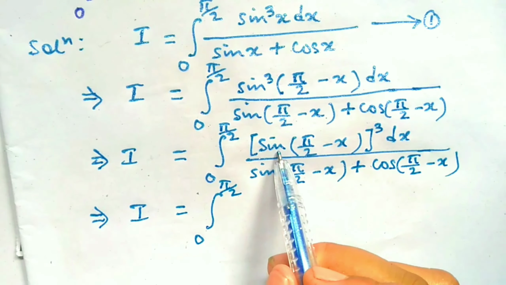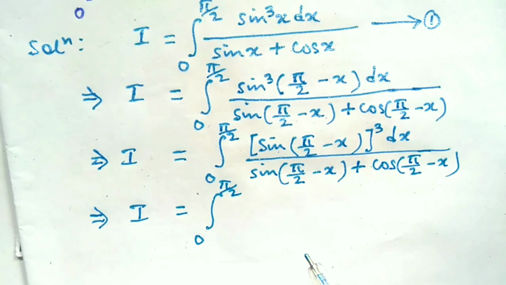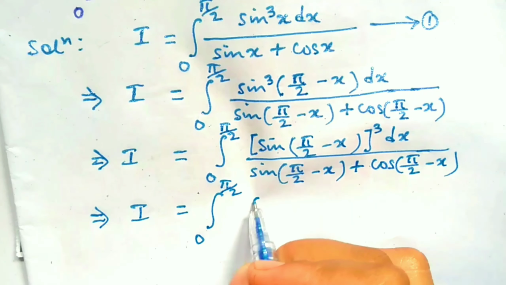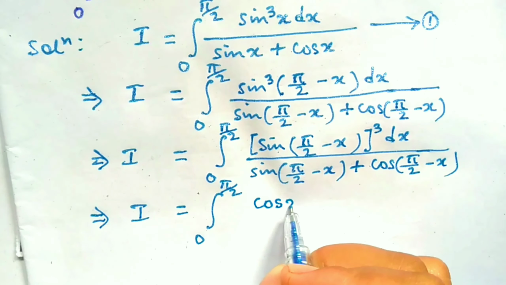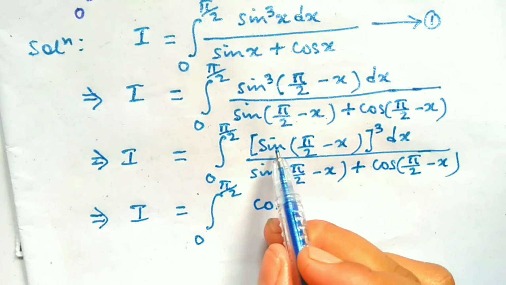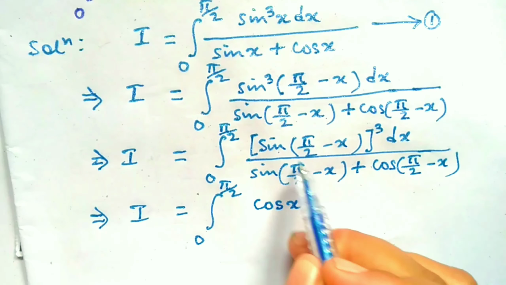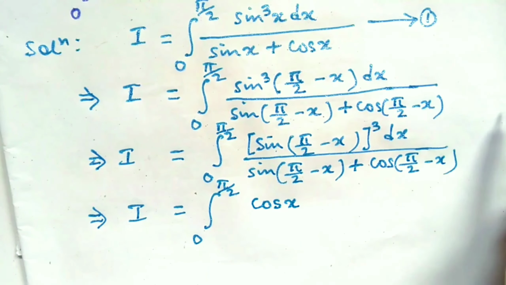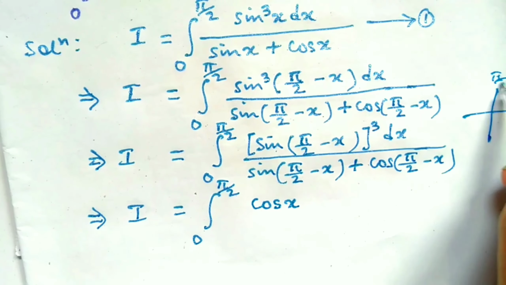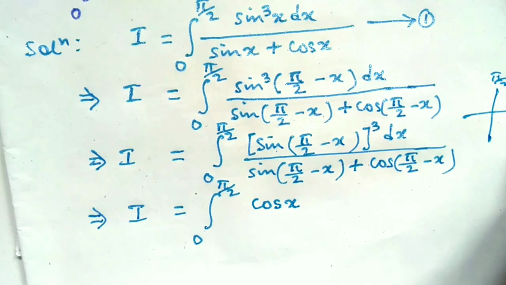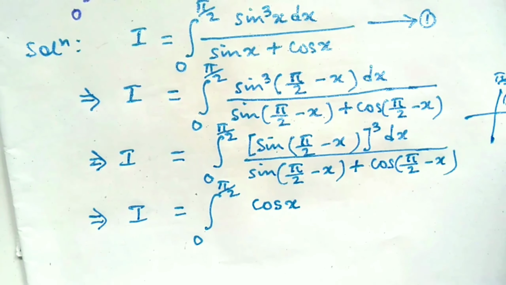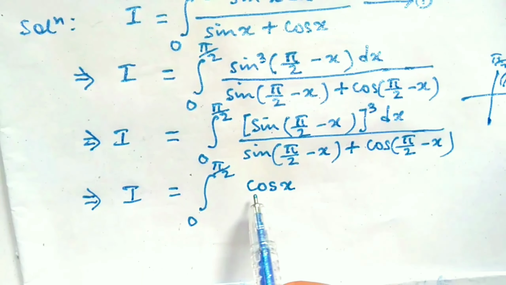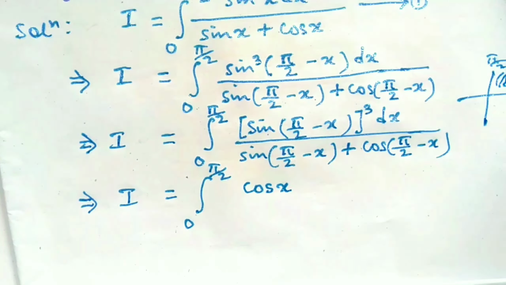The value of sine (pi by 2 minus x) is cos x. Sine will change into cos because we have pi by 2, right? And this one is positive because pi by 2 minus x lies in the first quadrant, and in the first quadrant all the trigonometric functions are positive. That's why cos x is positive in this case.